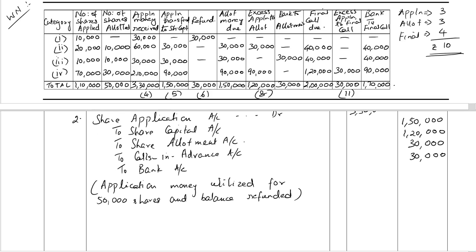The total number of shares allotted is 50,000. So we've utilized whatever money we can for the 50,000 shares.